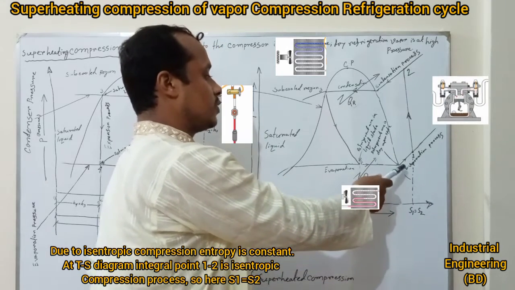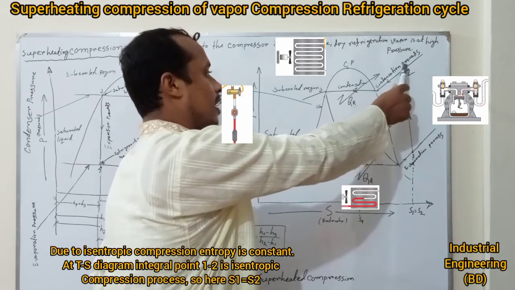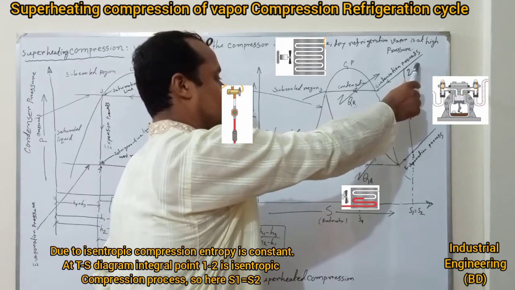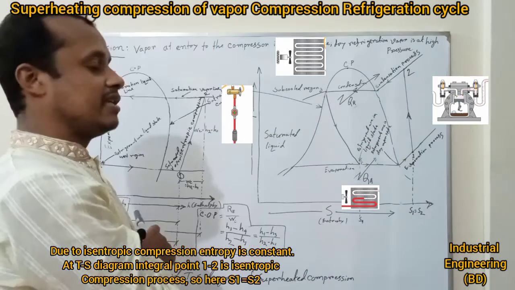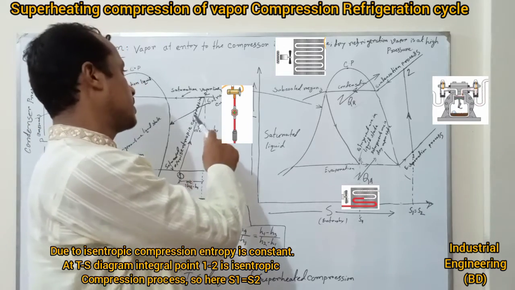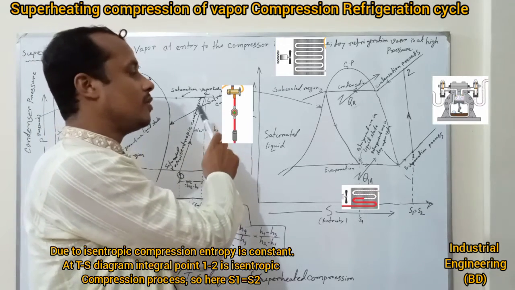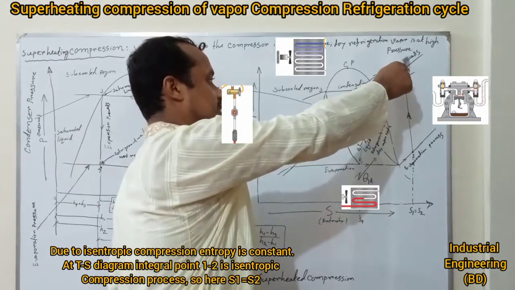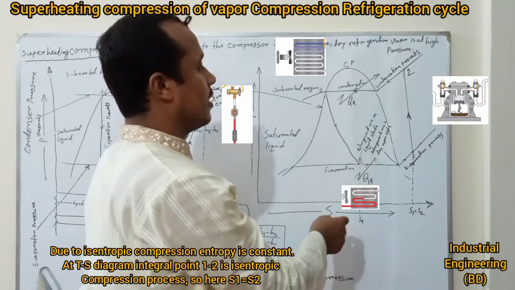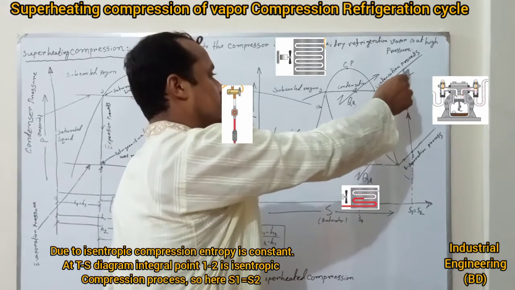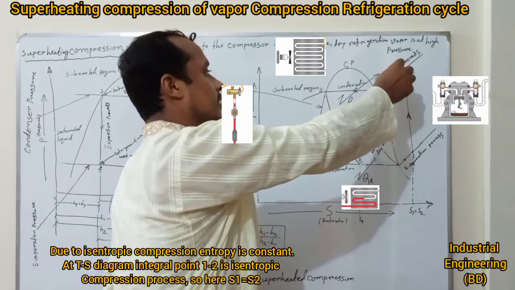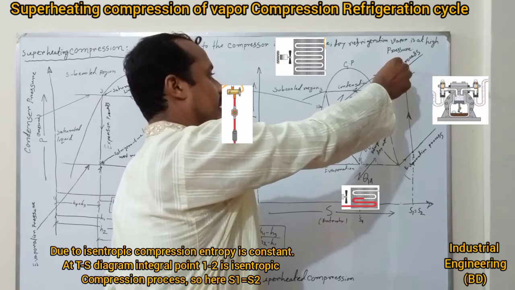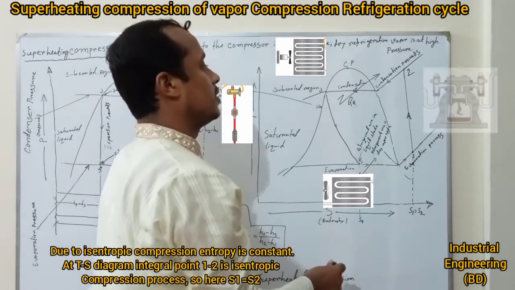After compression, the refrigerant is also superheated at high pressure, and the temperature also increases. So after compression the superheated refrigerant is at point 2.